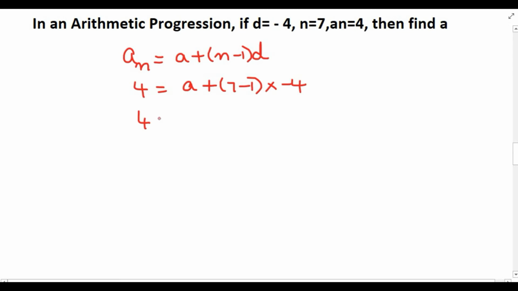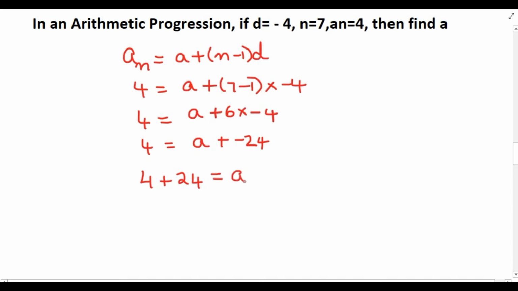So when you simplify this, 4 is equal to a plus 6 into minus 4, 4 is equal to a minus 24. So minus 24, when you take to the other side, it will become plus 24. So 4 plus 24 is equal to a, or a is equal to 28. So the first term will be 28.